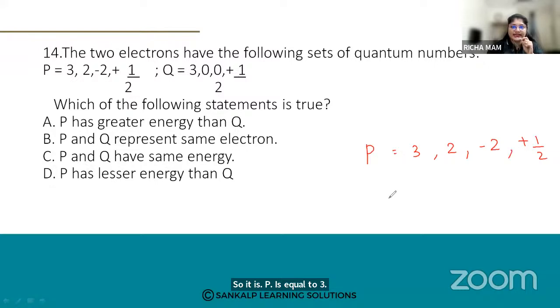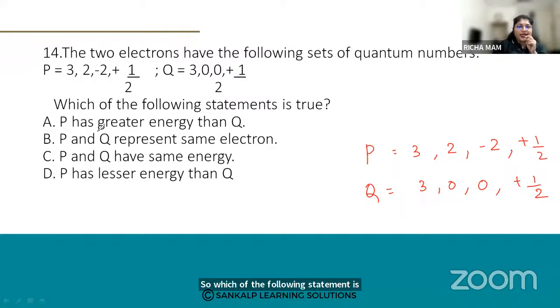And for another electron, Q, it is 3, 0, 0 and plus half. Which of the following statements is true? A, P has greater energy than Q. B, P and Q represent the same electron. C, P and Q have the same energy. And D, P has lesser energy than Q. So these are the four options.